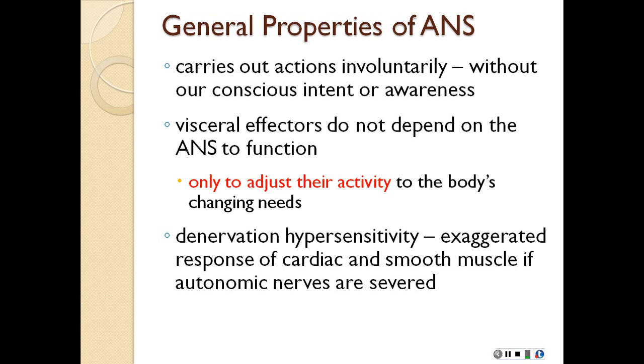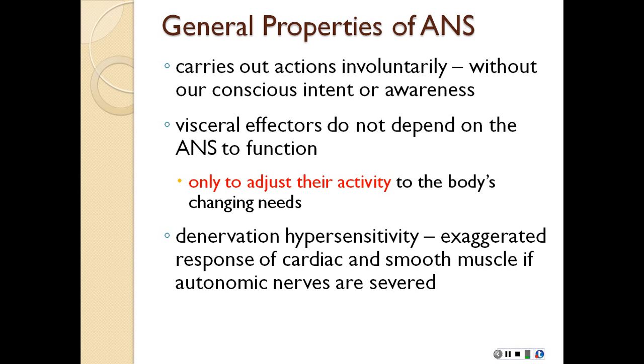If there's no need for your heart rate to beat 200 beats per minute, it's going to slow it down. Okay, but if you're fighting, it's going to pick it up, speed it up. Okay, so the autonomic nervous system does what? It only adjusts the activity of those effectors based on what the body needs at that particular time.